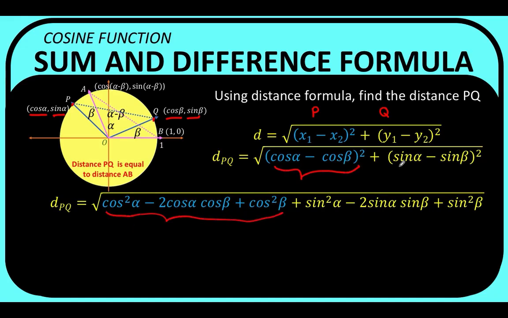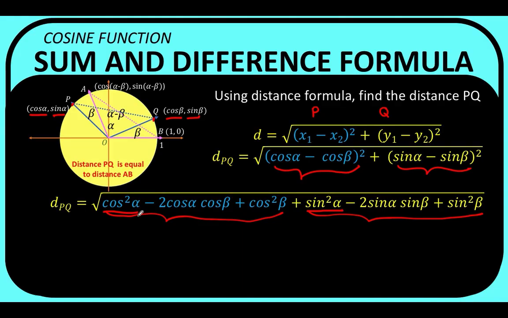Then let's square also this other binomial. We square the first term, minus twice the product of the first and the second term, plus the square of the second term. So the square of this yellow binomial is this yellow part. Then from these results, notice that you have cosine squared alpha here, and you have here sine squared alpha.